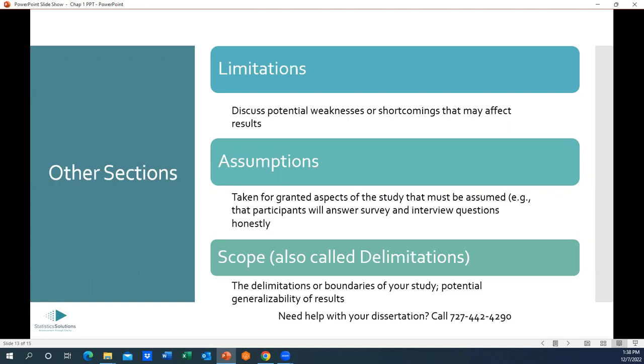Other limitations, qualitative studies, sometimes people are too close to the topic, right? So researcher bias can be a potential limitation. If you think that might be the case, you list it, and then you talk a little bit about ways to prevent researcher bias, right?